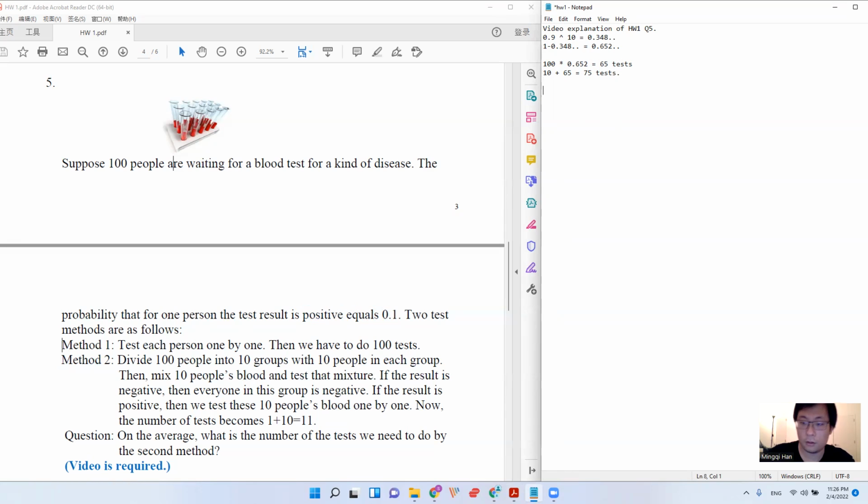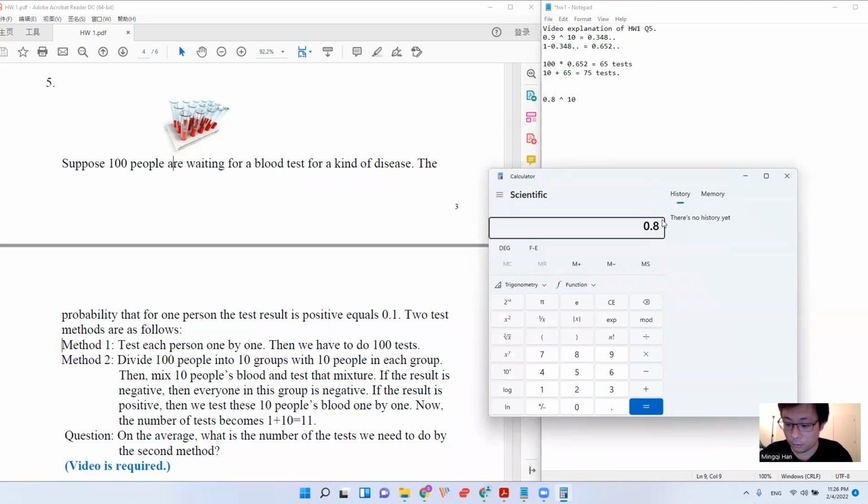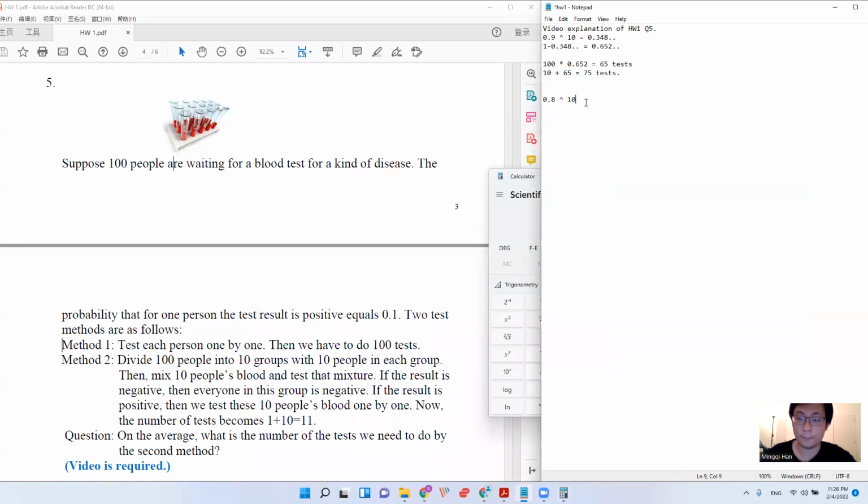So if my memory is correct, 0.8 to the 10th, yeah, it's approximately 0.1.